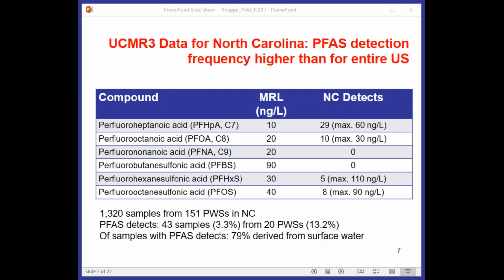So certainly a larger percentage of public water systems are affected. Carolina, and also what's different relative to the nationwide picture is that almost 80% of the hits were in systems that derive their drinking water from surface water.